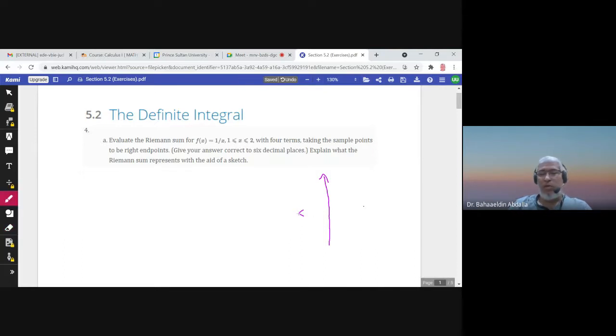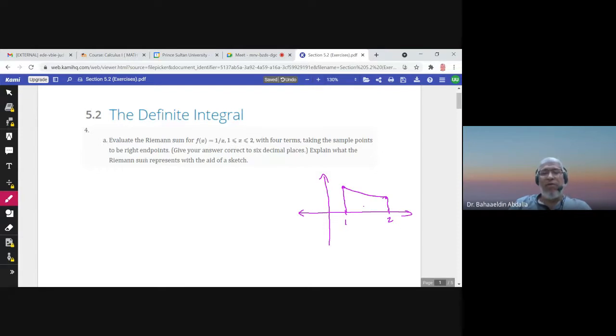So this is 1 and this is 2, and it is 1 here and half here. So this curve, and this is the region from 1 to 2.